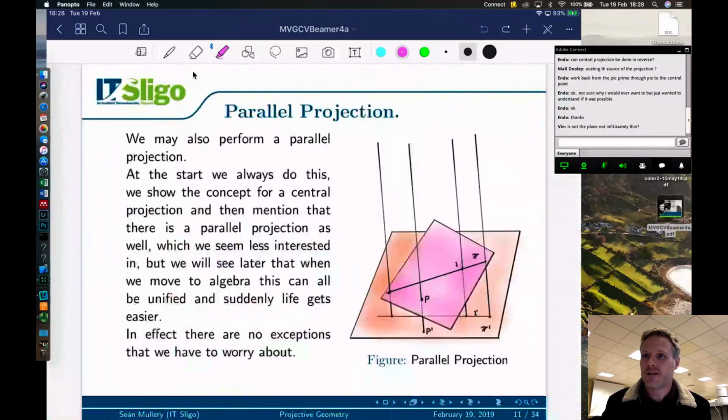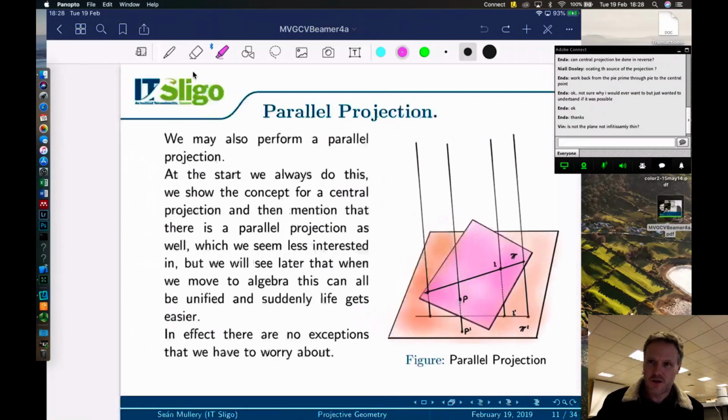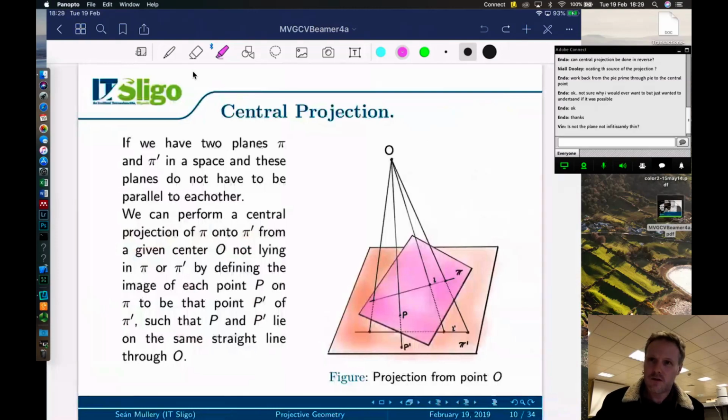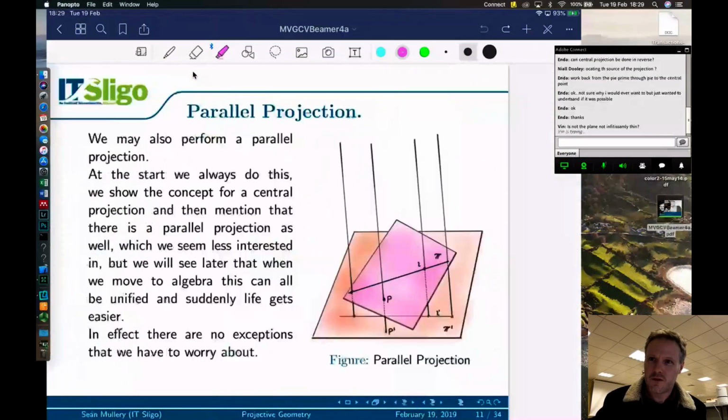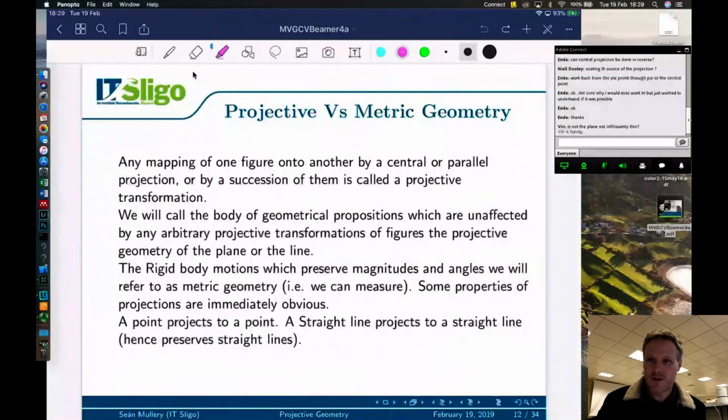Now Vin is asking: is the plane not infinitely thin? It is, yes. Obviously my sheets of paper are not infinitely thin here, but does that concern you? In mathematical terms, they're certainly infinitely thin.